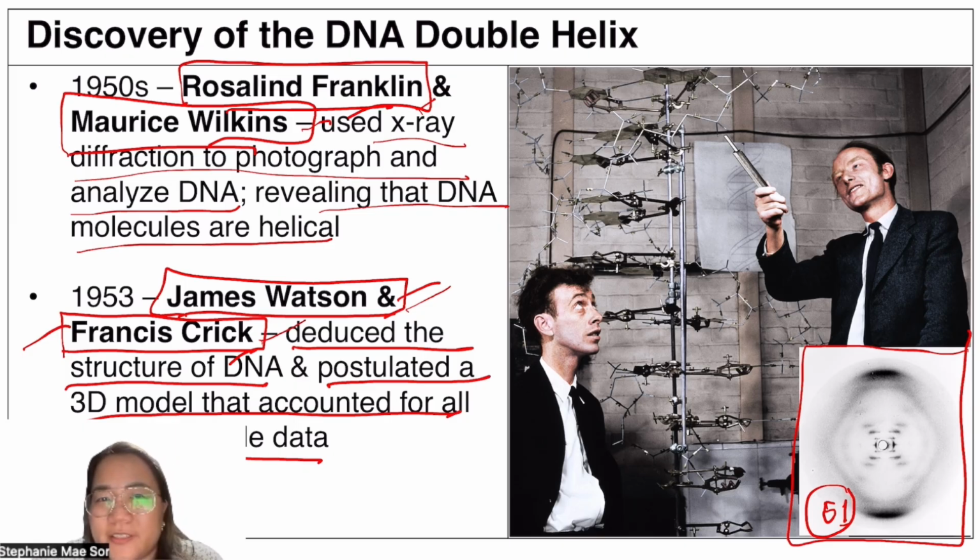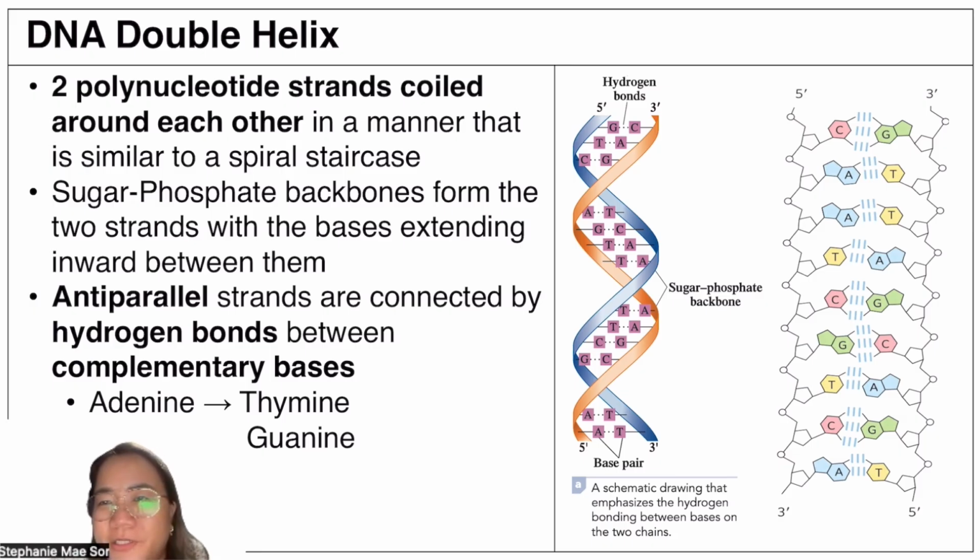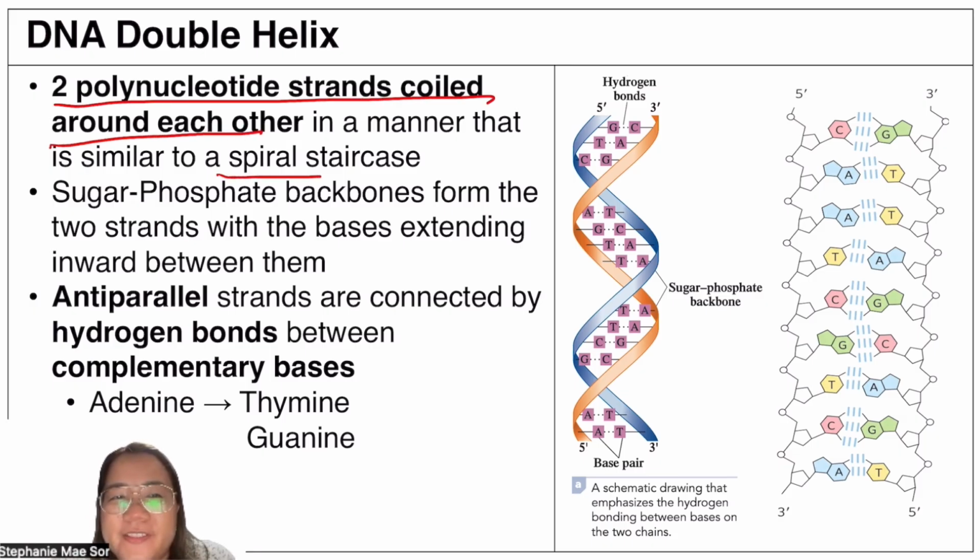So, doon na tayo sa structure ng DNA double helix. Diba sabi natin double helix yung structure na na-postulate ni Watson and Crick. So, paano siya naging double helix? You have two polynucleotide strands coiled around each other in a manner that is similar to a spiral staircase. So, para siyang spiral staircase, tapos yung mga steps mo, yun yung binding between the nitrogenous bases.